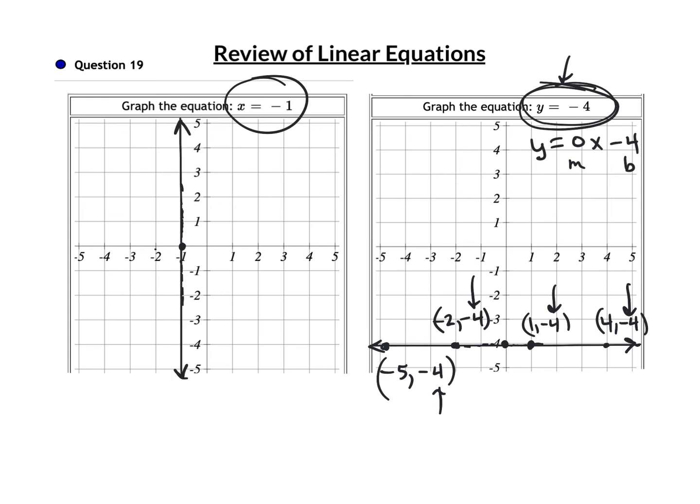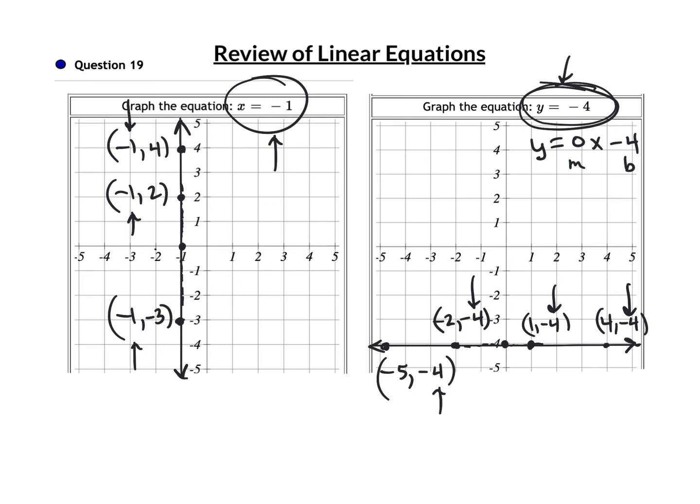Notice the ordered pairs on this line. This is the ordered pair (-1, 4). Here is the ordered pair (-1, 2). Down here is the ordered pair (-1, -3). Again, notice that every single point on this line has an x of -1.